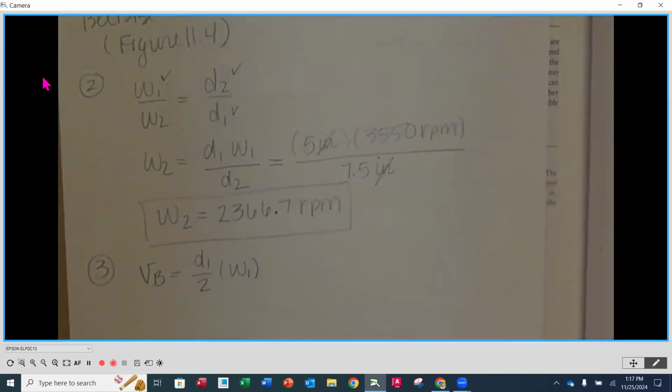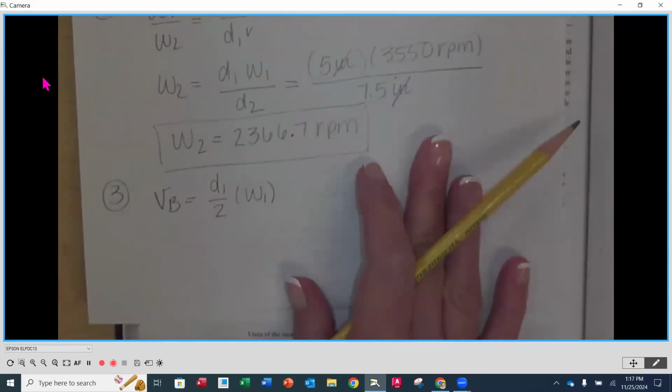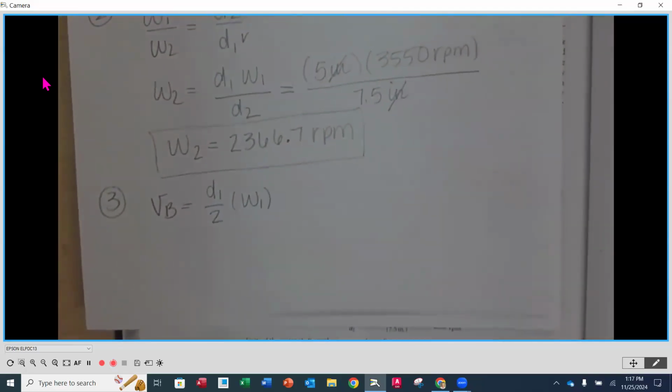So I picked VB is going to be equal to D1 over 2 times W1. Again, I'm given the diameters up here. I'm going to use that for the version of the equation.